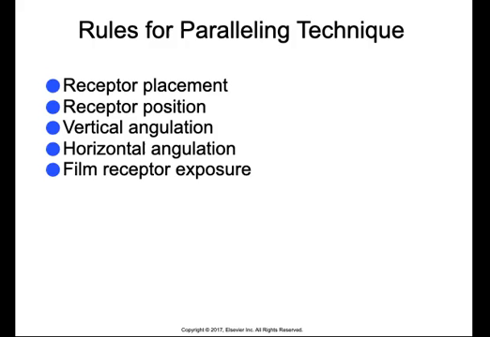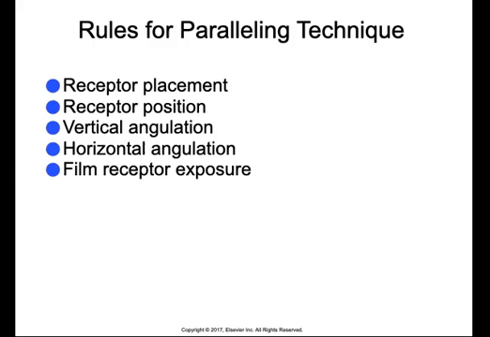For film receptor exposure, the X-ray beam must be centered on the receptor to ensure that all areas are exposed. If you don't center your receptor in your primary beam, you'll end up with what's called a cone cut. We can see a picture of what this looks like on page 155, figure 17-7.